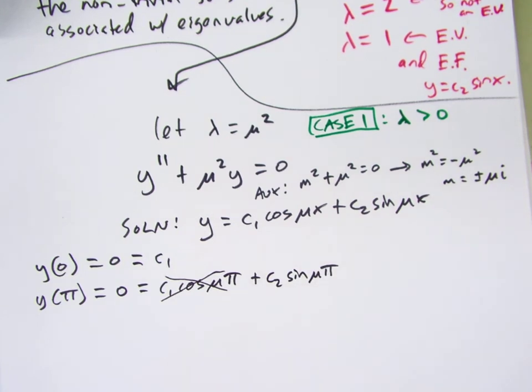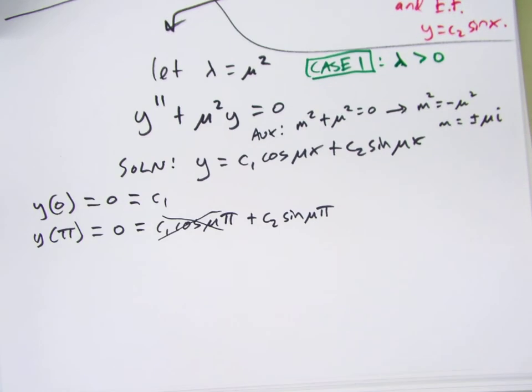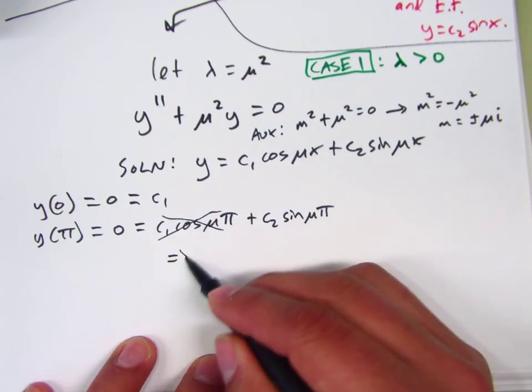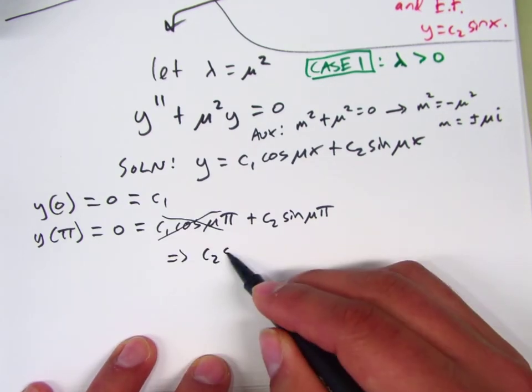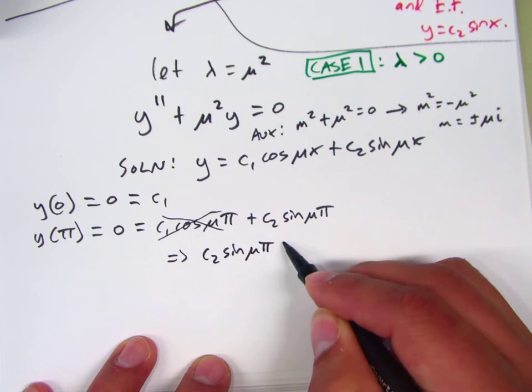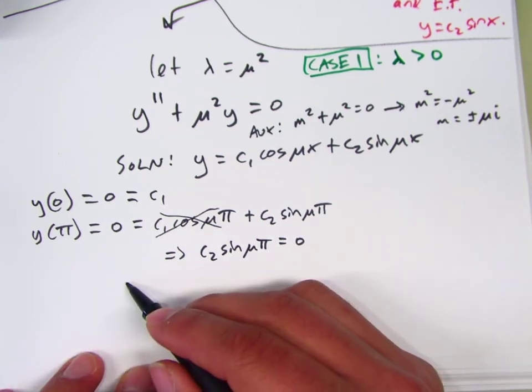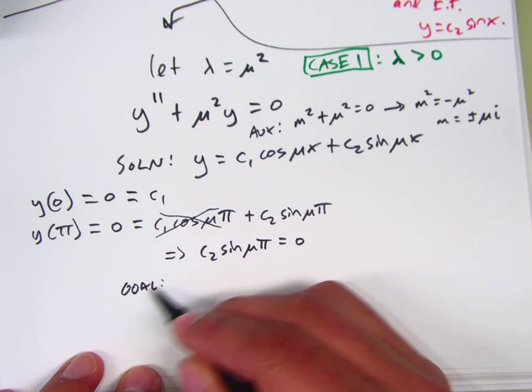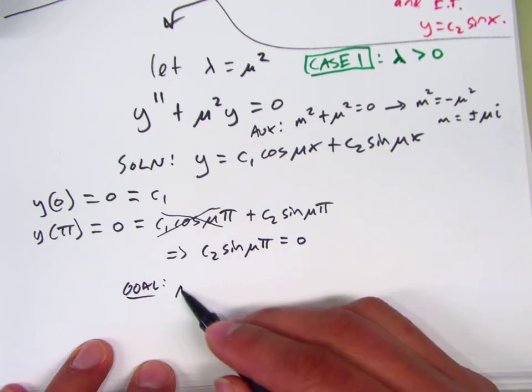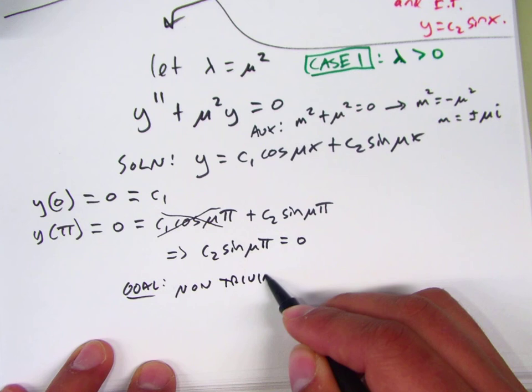Okay? So now what does that mean? Well, that means that C2 sine of mu pi has to equal 0. Remember, the goal for this was to have non-trivial solutions.